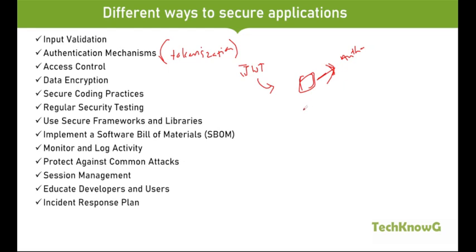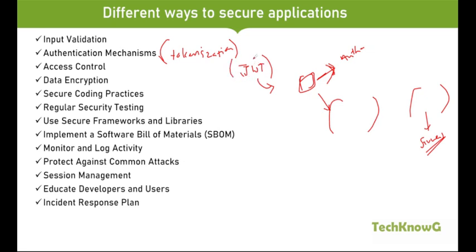Let's say I have entered the office by tapping my ID card at the gate. But there will be a few rooms in the office, such as a server room. I will not be able to enter the server room because I don't have access to it. JWT tokens also work like that.